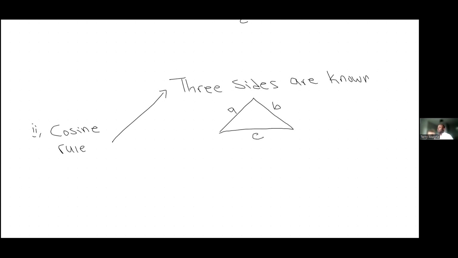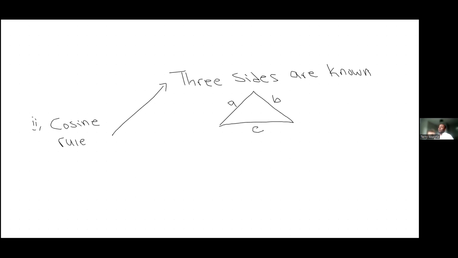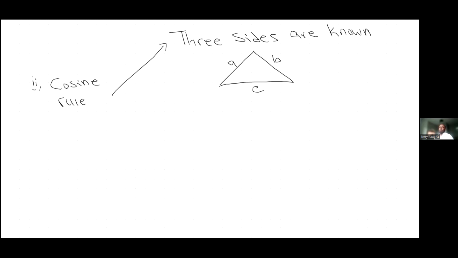A cosine rule for that. Another thing as well is that in the cosine rule, you can use it when you have two sides and an included angle. So two sides and an included what? Angle.